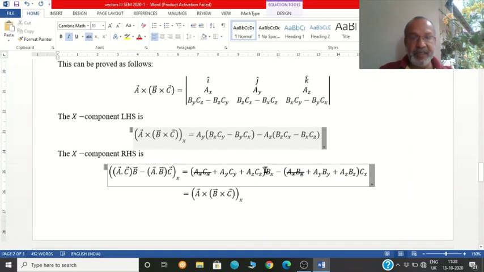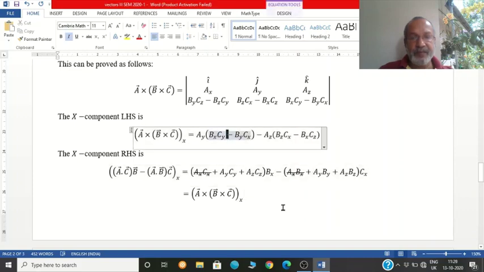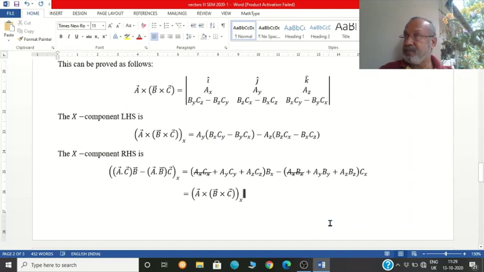So the remaining is this quantity that you can check.